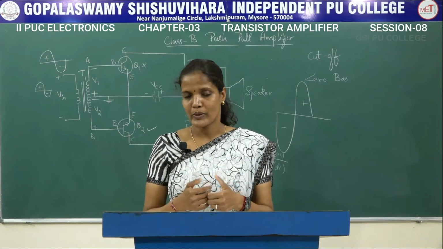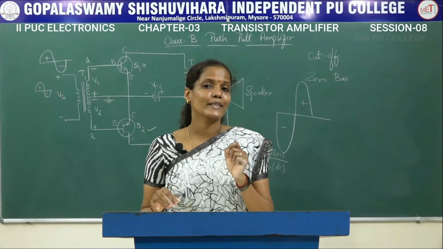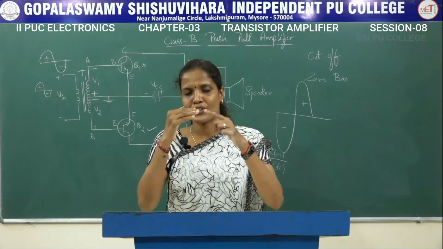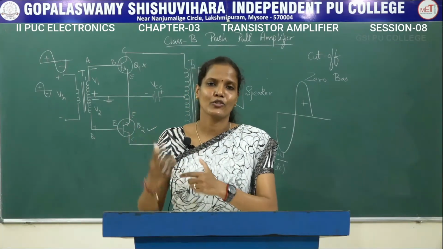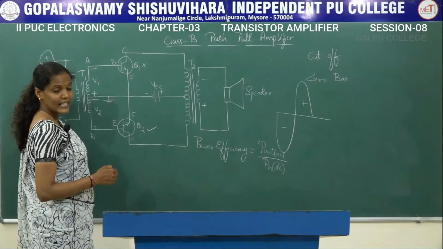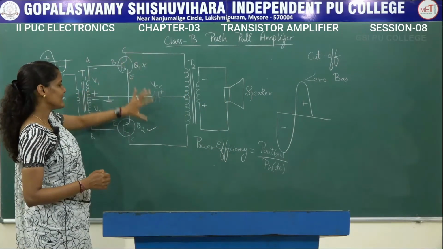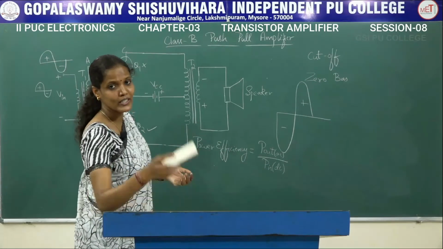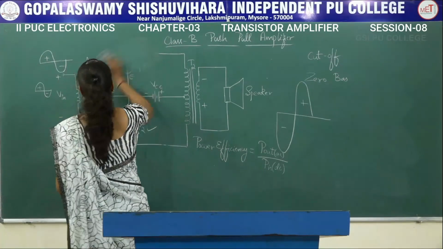which are connected back to back, again there will be a small delay in the transition of signal from positive to negative or from negative to positive, because in each cycle of the input signal these diodes will conduct alternatively. So let's see that crossover distortion with the help of a waveform.